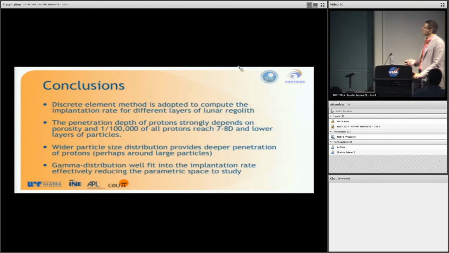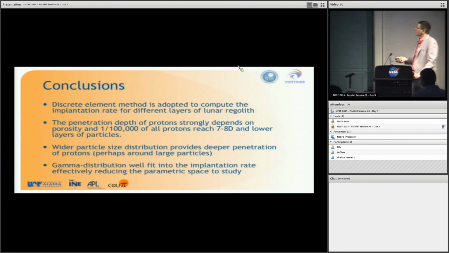So, as a conclusion, we used the discrete element method to compute the implantation rate for different layers of lunar regolith, and as the process is pretty discrete, it's a natural choice here.